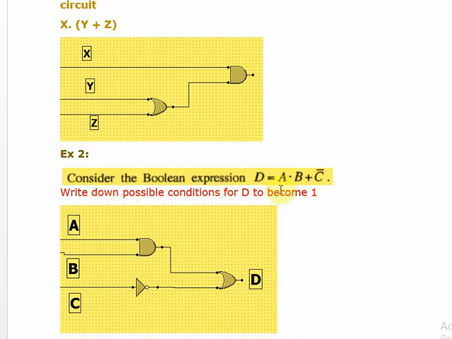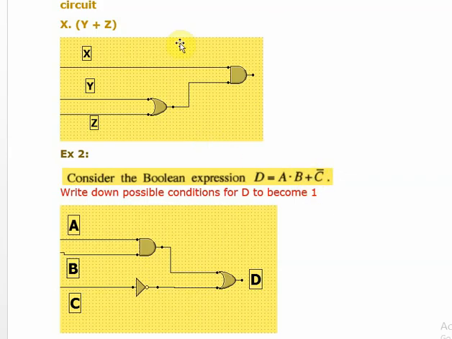Consider the Boolean expression D is equal to A and B or C bar, right? Here there is no bracket, so straight away it says D is equal to A and B. So that means one input should be A and B, OR C bar, right? Then here the OR means the OR gate.